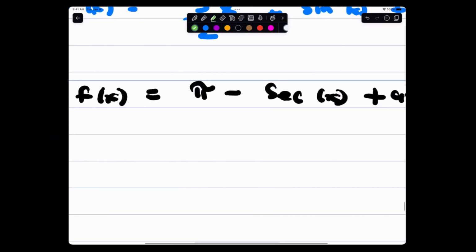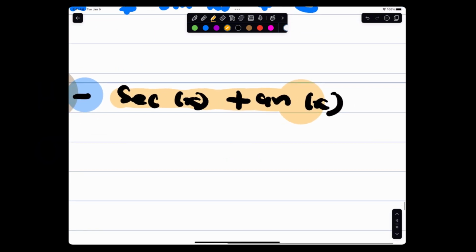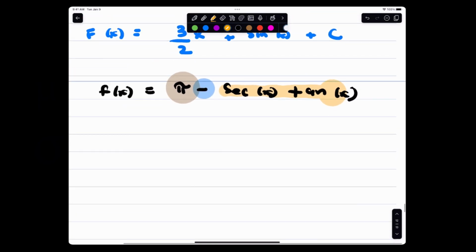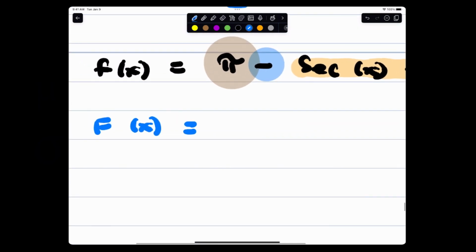So number 4, you have now a constant here, and we have this operation of subtraction, and you got secant tangent. Let's find the antiderivative. Whenever you have a constant, what's the antiderivative of a constant?